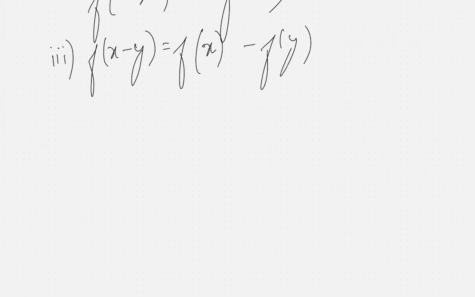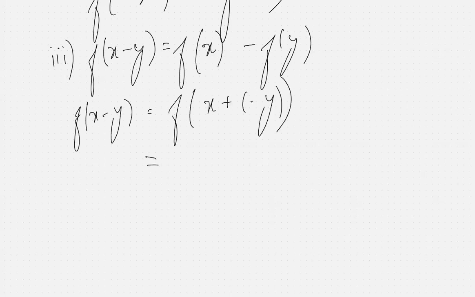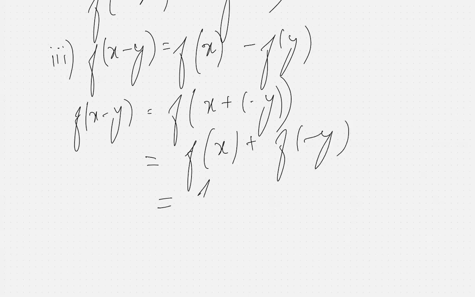LHS is f of x minus y. We can write it as f of x plus minus y. Now for the plus relation, the result holds because f is a linear transformation. It will become f of x plus f of minus y. And f of minus y is actually f of minus 1 multiplied by y.